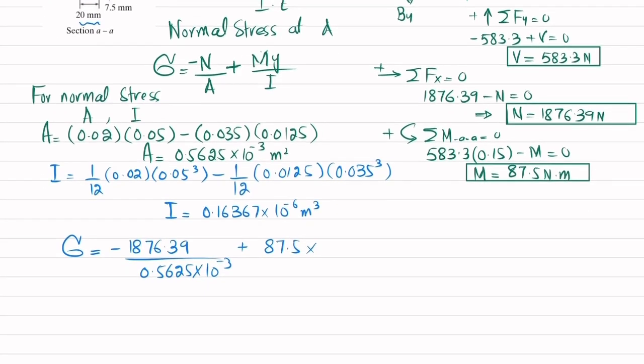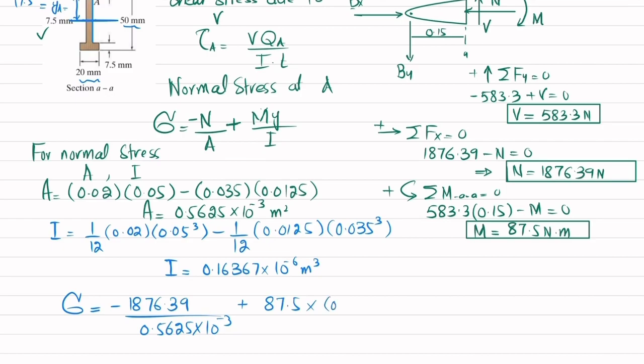In terms of meter, it will be equal to 0.0175 divided by I, and that I is 0.16367 into 10 raised to power minus 6.